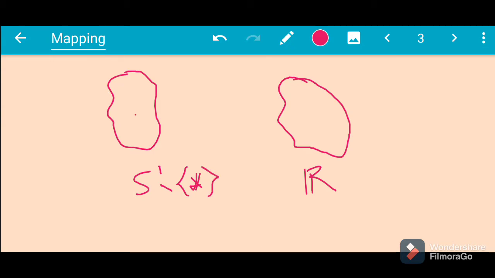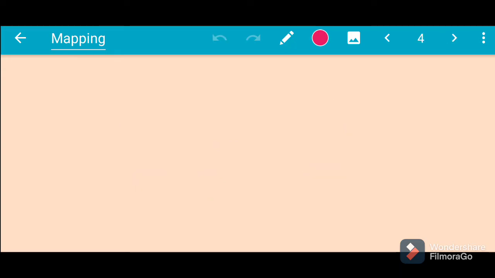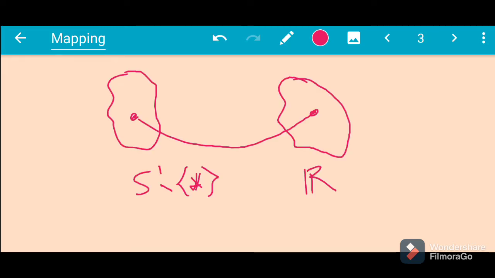So what I have to do is, for every point on this circle there is a unique point in the real numbers, that I have to prove. Interestingly, from every point of this one there is a point in R.